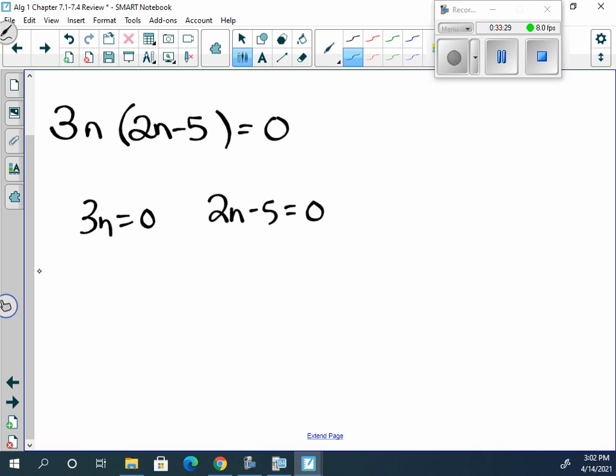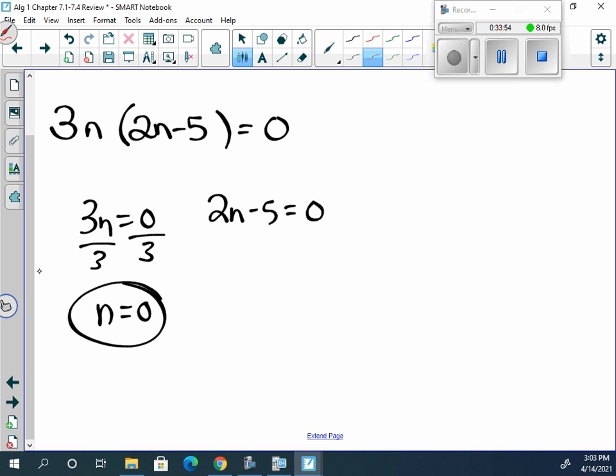If we have two things multiplied together to equal 0, one of them has to be 0, well, 3 can't be 0, it is 3, so n has to be 0. The other way we can go about it is we can divide both sides by 3, and it'll tell me n is 0, because 0 divided by 3 is 0.